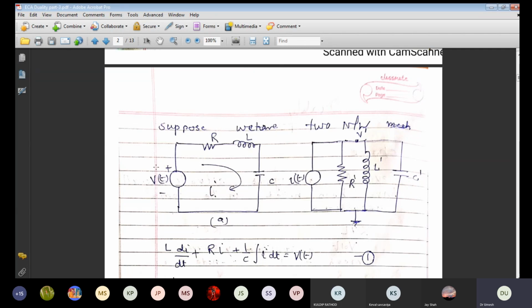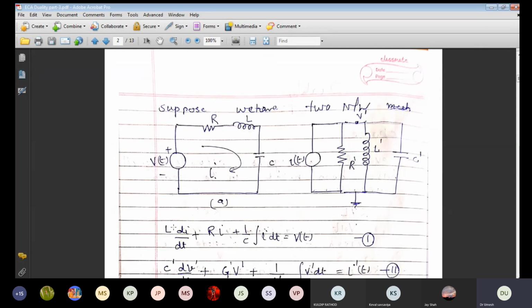Suppose we have a very simple RLC circuit in series, R, L and C, for loop analysis. Now if I draw the same circuit in parallel, I have to use Kirchhoff's current law.